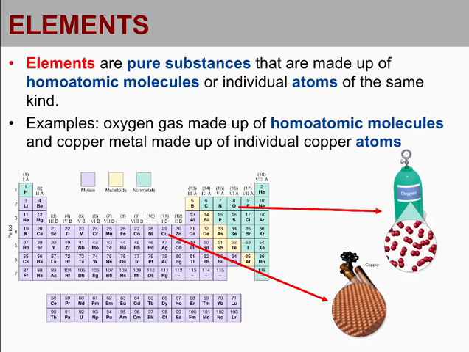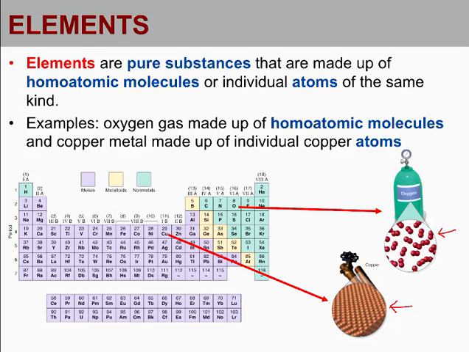So one example we saw last time was copper. And if we were able to zoom in on a copper pipe, we would see that there are a bunch of copper atoms that are just all packed tightly together. We also saw the example of oxygen.